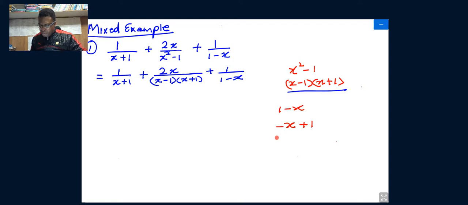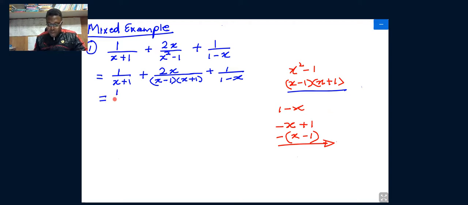Now we take out this common factor of negative 1. I'm not going to write the 1. I've explained that in previous lectures. So negative x divided by negative 1 becomes positive x. And then positive 1 divided by negative 1 becomes negative 1. This is what we are going to take.